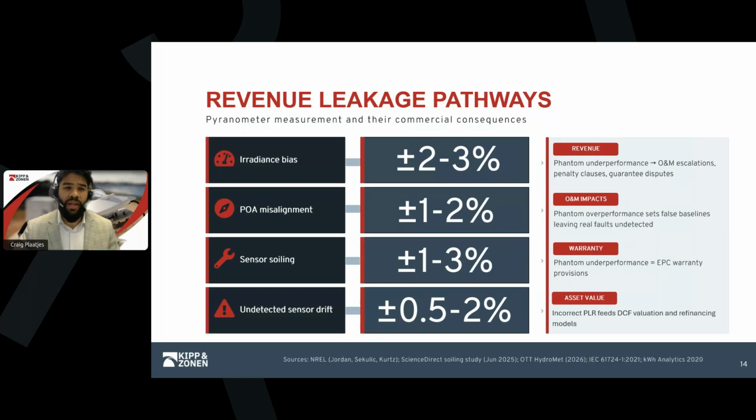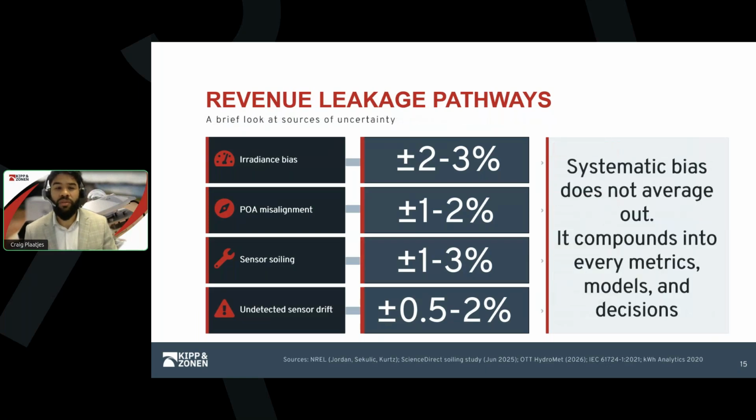So I want to say that I think this makes a strong case for how this small, relatively inexpensive sensor is indeed one of the most financially significant instruments on the entire site, because systematic biases don't average out like noise does. Random noise, the kind that you get from atmospheric turbulence and short-term fluctuations, averages out, but systematic bias does not.